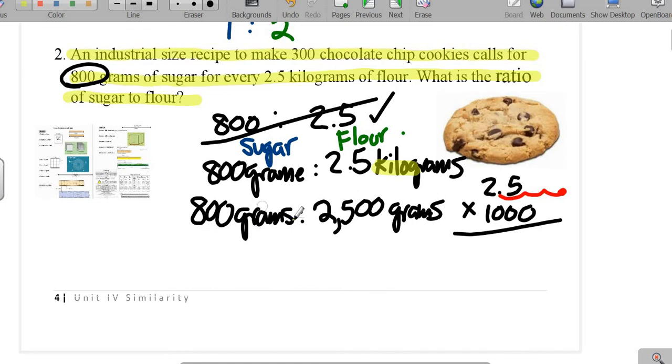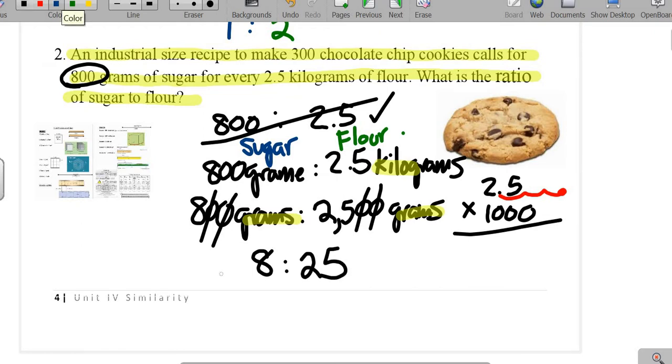Now that we're in the same unit, we can reduce. 2 zeros here, 2 zeros here. I have 8 to 25, and that is as far as we can go. So the ratio of sugar to flour in this scenario is 8 to 25.